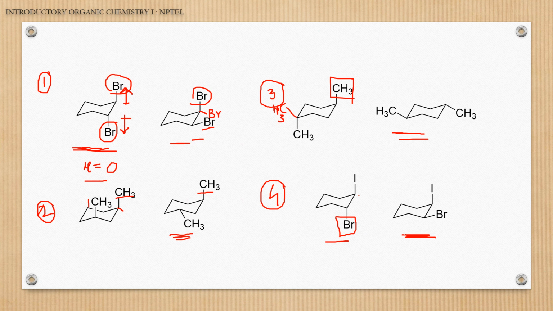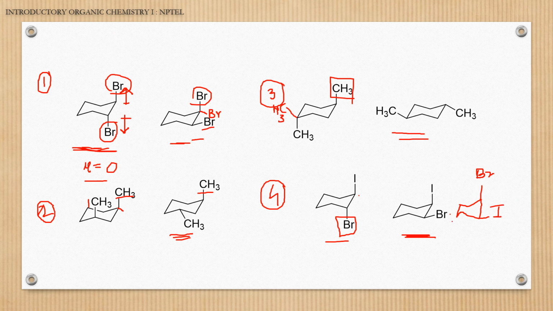But now what happens here is you have both the atoms at the axial position. If you go to the cis conformation, you have one of the atoms at the equatorial position. So one way of drawing it is, if I draw this chair conformation like this, and I have this Br here and this iodine here, at the equatorial position.